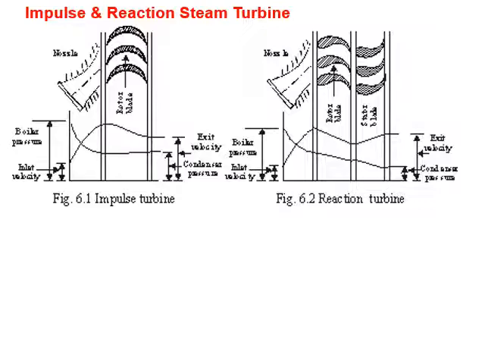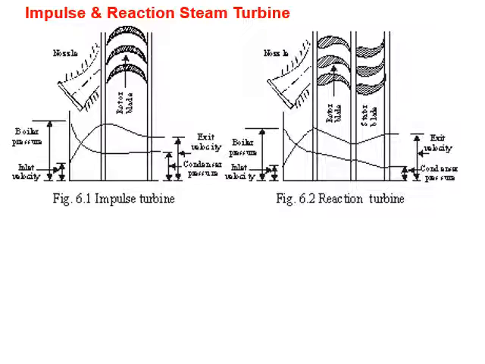Now the fluid exits at higher velocity from the nozzle exit. At that higher velocity, the steam flows through the rotating element or moving blades, which causes the rotation of the moving blades connected to the turbine shaft.